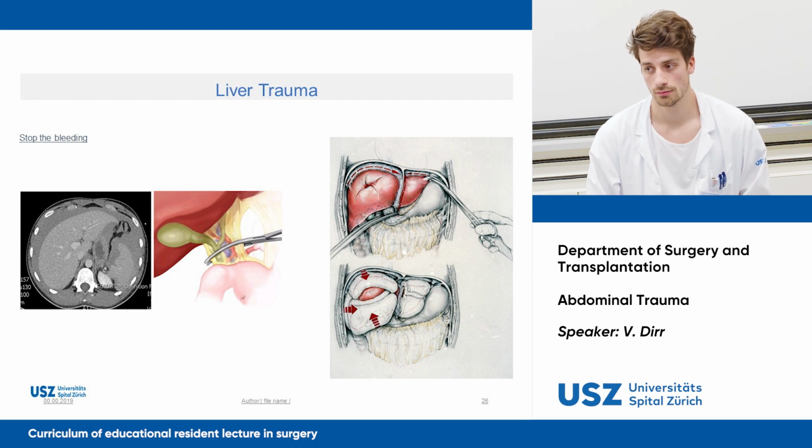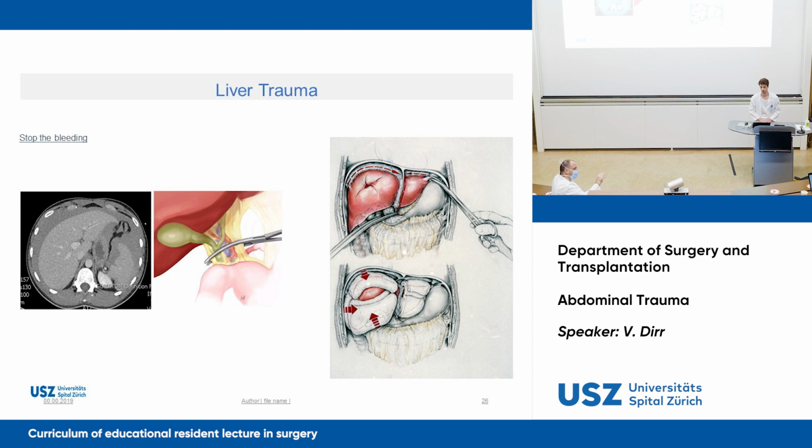That's a super difficult question. Quite often we see just a little bit of, let's say, mesenteric imbibition in the CT scan, maybe a little bit of fluid in the abdomen, but nothing else. The patient is maybe intubated due to orthopedic injuries or the head trauma. Then the question is, do you really proceed with a laparoscopy or laparotomy?